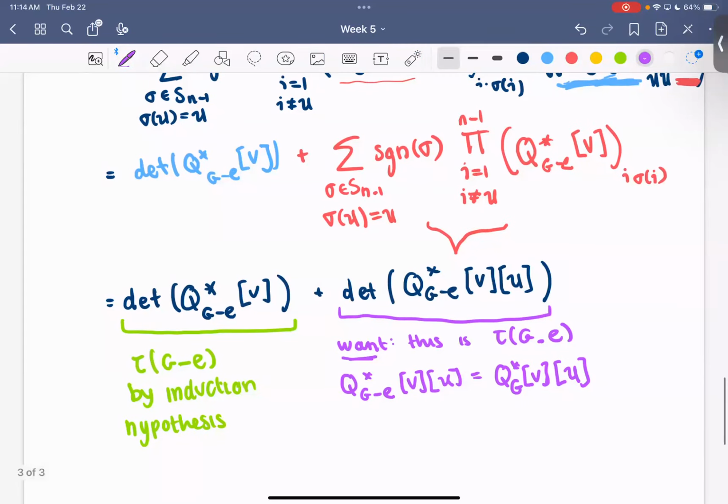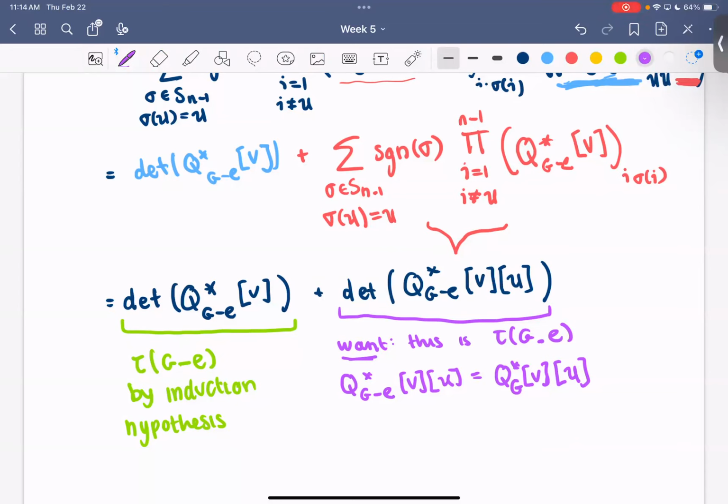Okay, and then I want to further claim that this is also equal to Q G contract E star of V. So why is that true? Or rather, wait, let me take this back because these matrices don't even have the same size. So now I'm just going to compare the determinants.